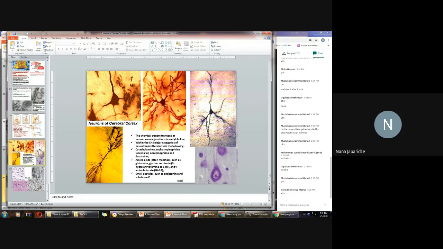But regarding this one, for example, this is toluidine blue staining, also called Nissl staining, and you can see this dark stained cytoplasm, which contains very well developed rough endoplasmic reticulum and free polysomes.